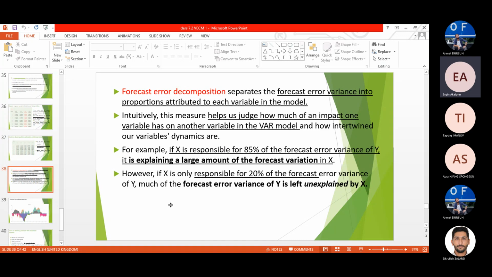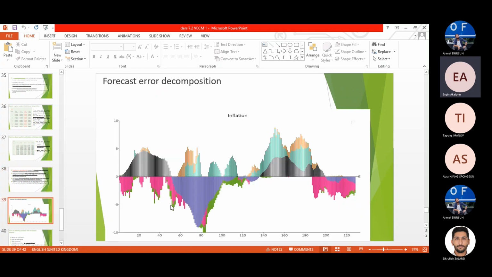Therefore, as you see, if it is a smaller percentage, there is more left unexplained by X. And if it is higher, let's say 80% or more, it is explaining a larger amount of the forecast variation subjected to the forecast error decomposition. And here it is also given for inflation.